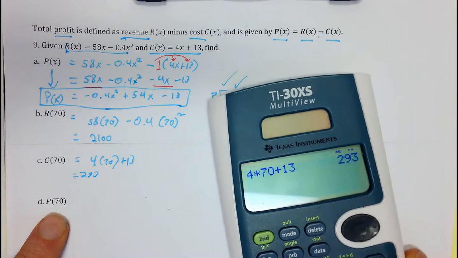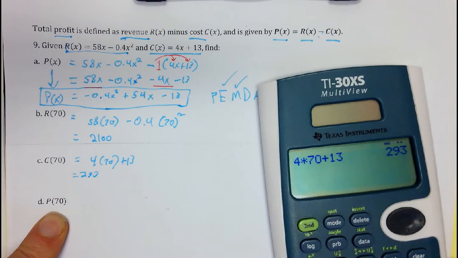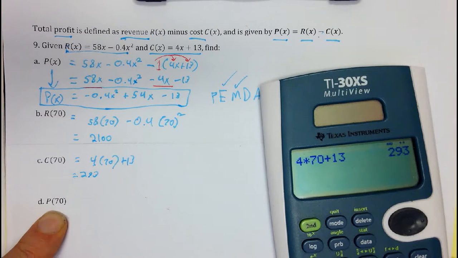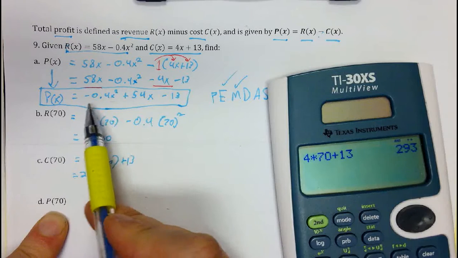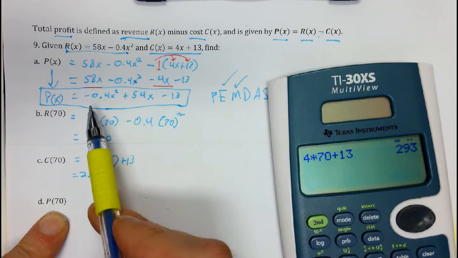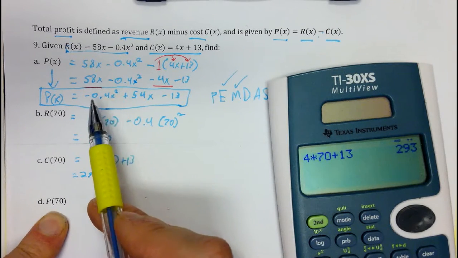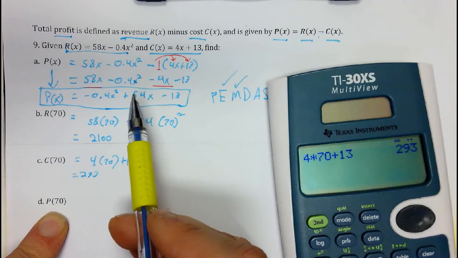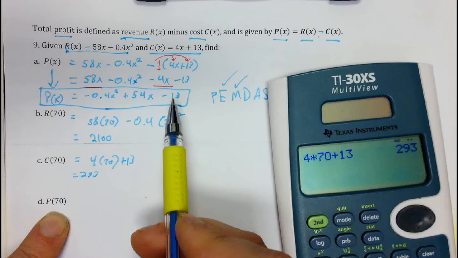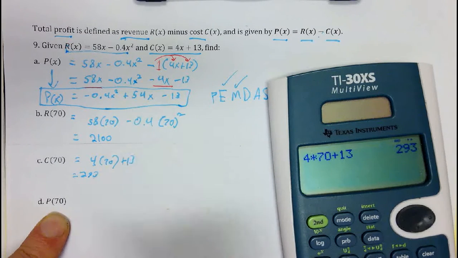And then finally, part D, we're asked to evaluate our profit function at 70. So we've got our profit function. It's the only one we haven't used so far. Negative 0.4x squared plus 54x minus 13, and I'm plugging in 70 for my x there.